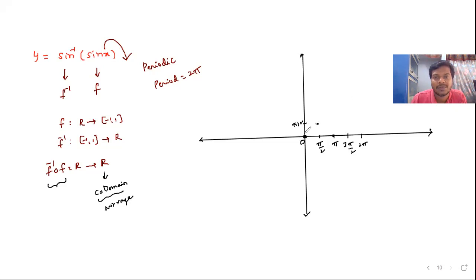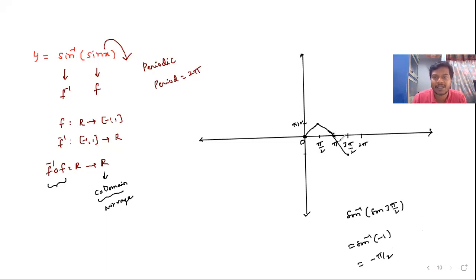So we get the graph in this way. Next, 3 pi by 2: sine inverse of sine 3 pi by 2, that is sine inverse of minus 1, which is minus pi by 2. So 3 pi by 2 gives minus pi by 2 here.